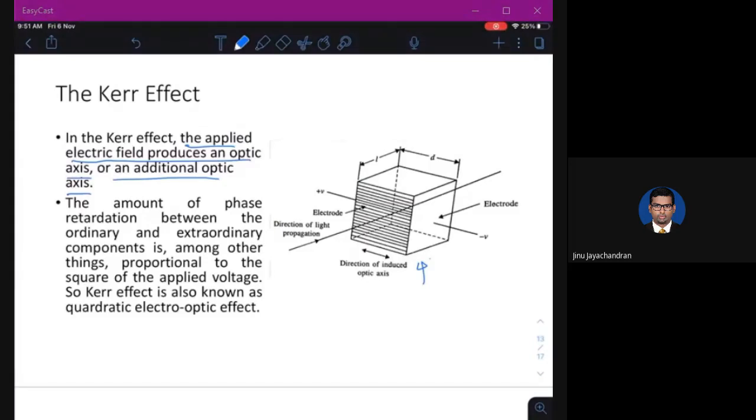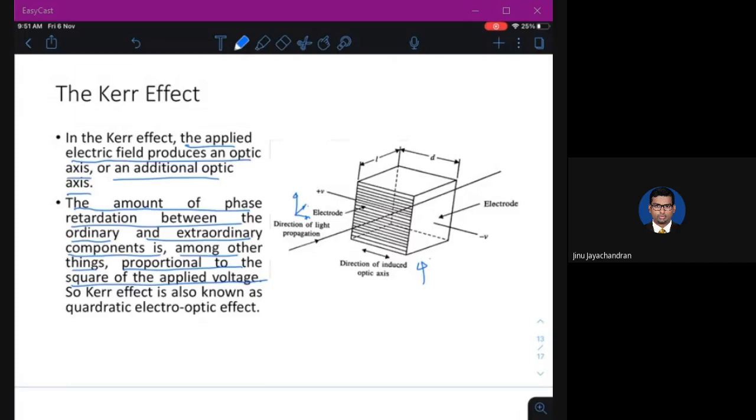Okay, the amount of phase retardation between the ordinary and extraordinary component is, among other things, proportional to the square of the applied voltage. Okay, so again, you can resolve any polarization into components along the optic axis and components perpendicular to the optic axis.